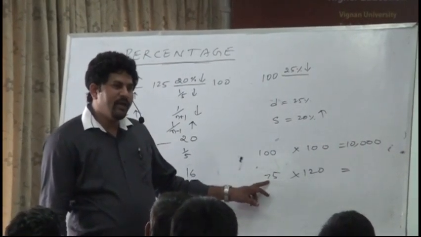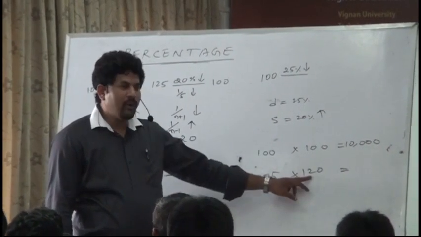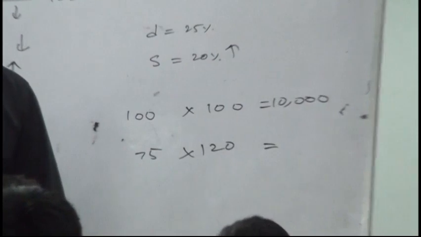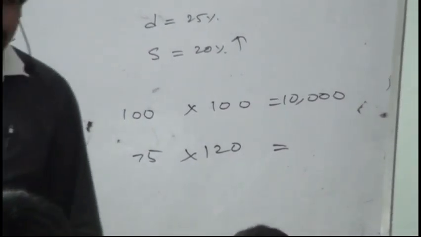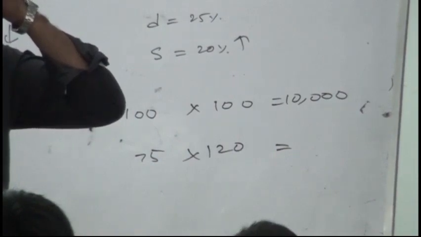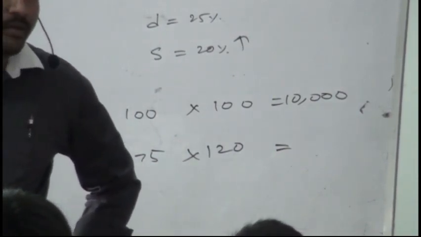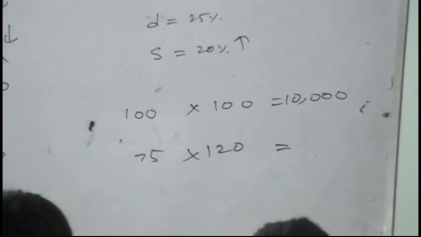This is nothing but 3/4. Calculate 3/4 of 120. What is 3/4 of 120? 90. So it is 9,000.